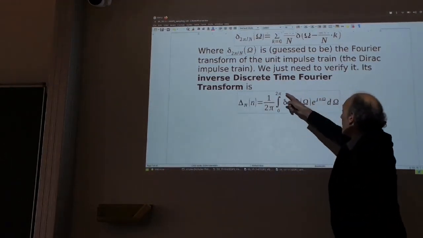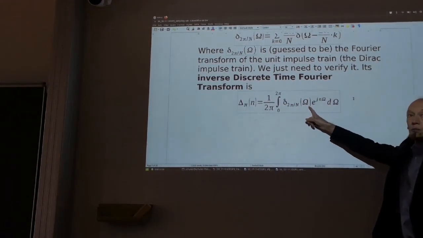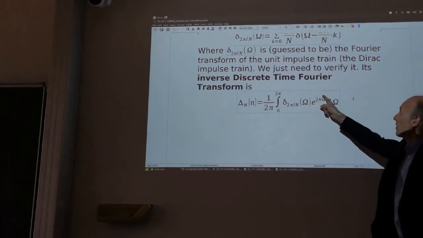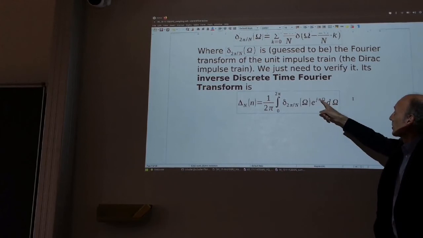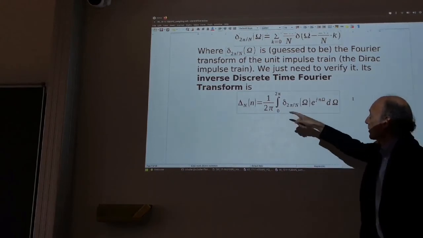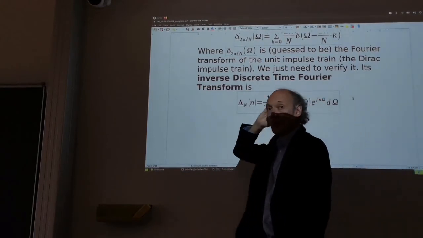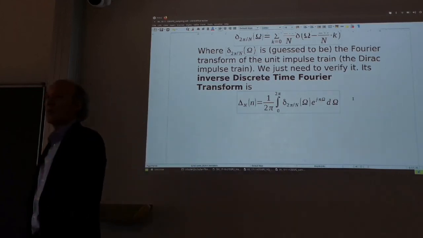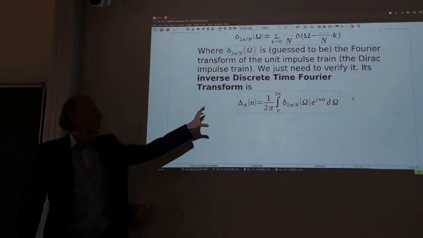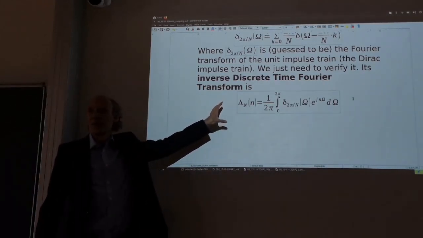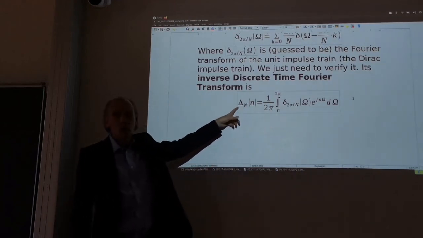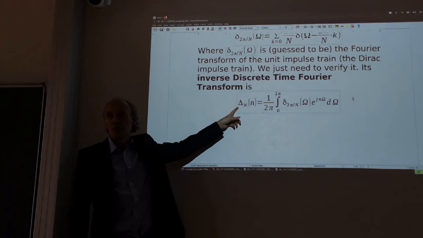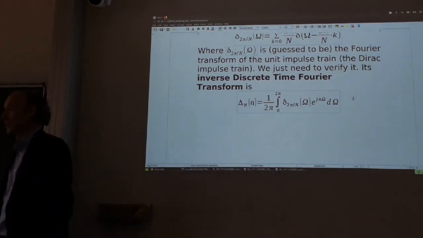Here is our guess spectrum for the unit pulse train, and this is the inverse Fourier transform kernel e to the j n omega. Right, and the 1 over 2 pi comes from the inverse discrete time Fourier transform. Makes sense? So now we get something, and what we get should be the unit pulse train, if you're right.